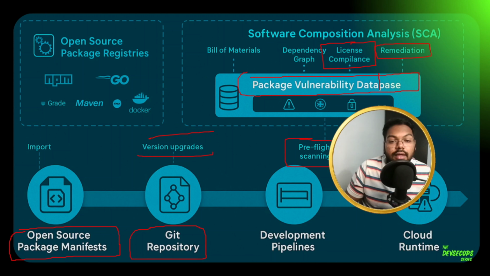Pre-flight scanning is done in your development pipelines or cloud runtimes. So these are the different places where SCA tools can help you, and you can integrate them in these stages, as well as throughout the SDLC for security scanning.